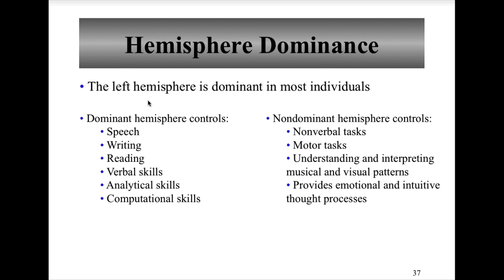The hemisphere of the brain that has major control over these functions is known as your dominant hemisphere. In most people, it is the left hemisphere that is dominant. That makes the other hemisphere the non-dominant hemisphere, which controls orientation in space, art, musical appreciation, and emotions.